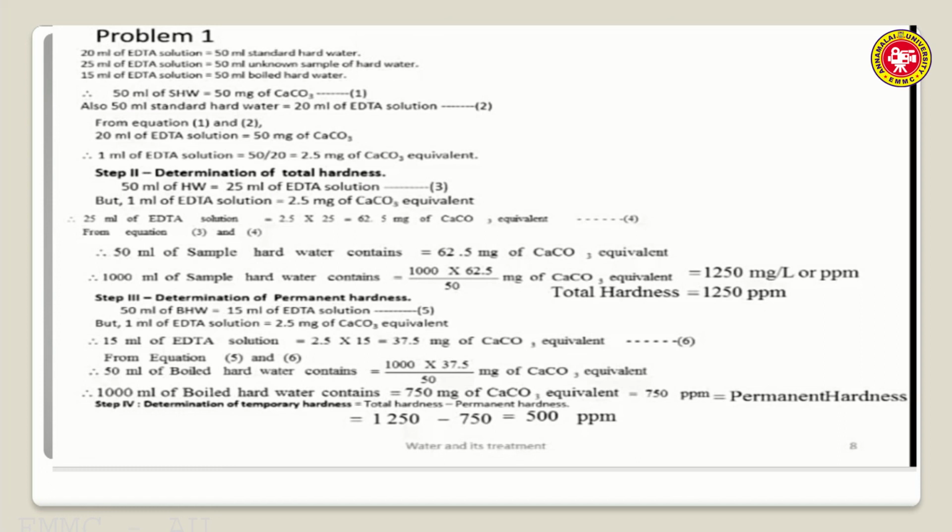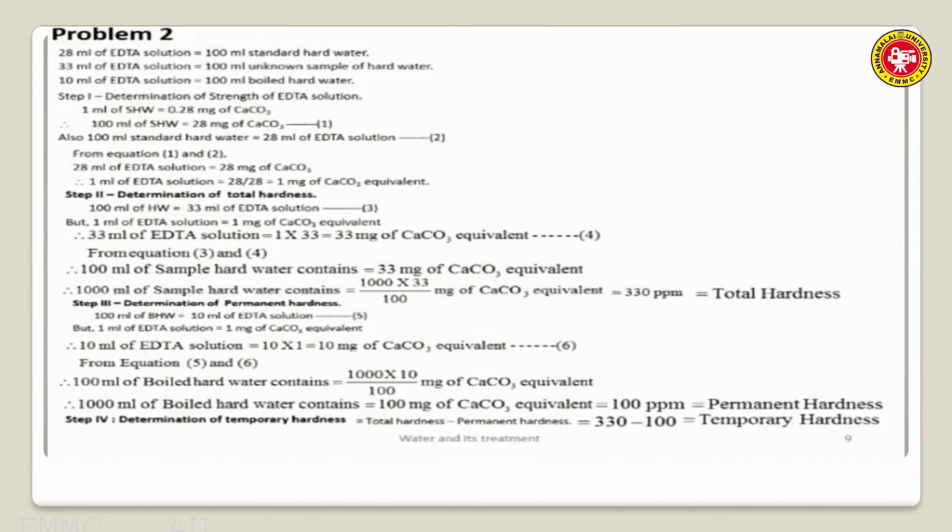So what is that? 1000 into 62.5 divided by 50. 62.5 divided by 50 gives you the total hardness as 1250 ppm. From the third step, you can calculate for the boiled water, which will give you permanent hardness salts. Permanent hardness is coming around 750 ppm. So temporary will be total minus permanent, which is equal to 500 ppm. You can go through the problem. Okay, and I have given the remaining problems also.